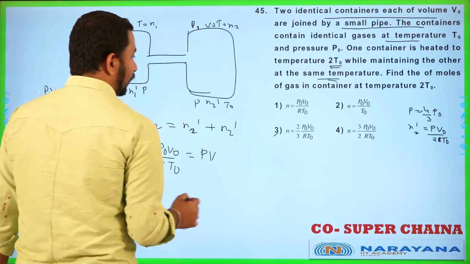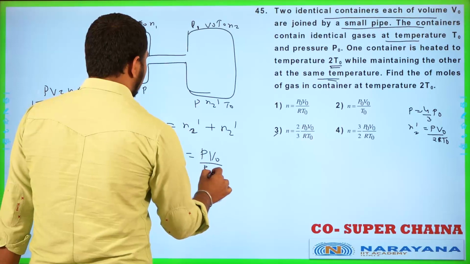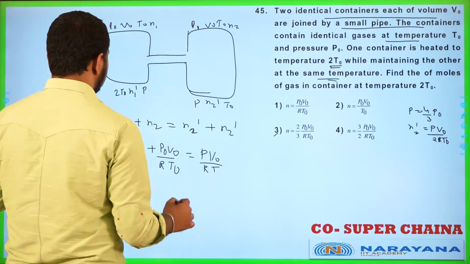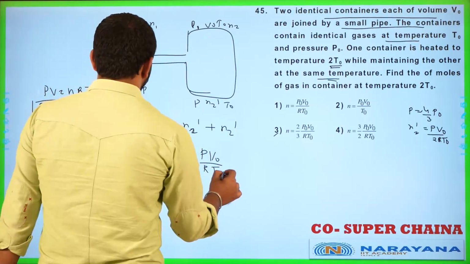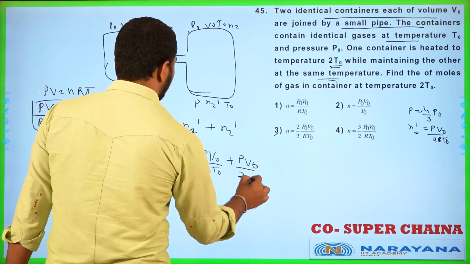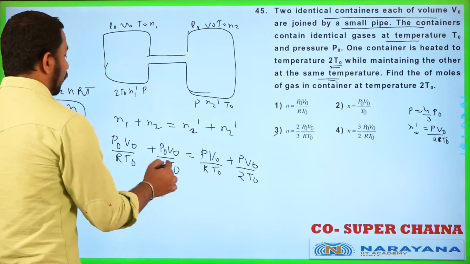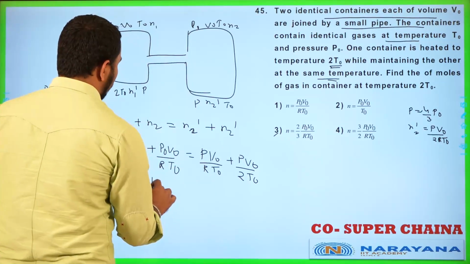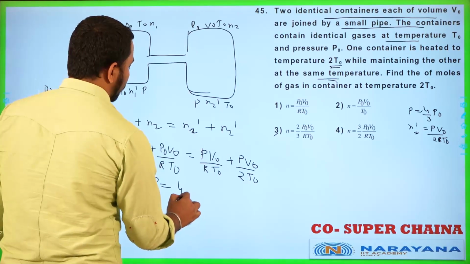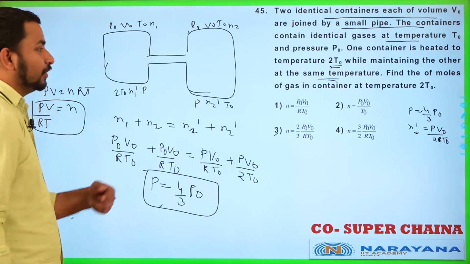It will be P V naught by R, with T naught for the one we keep as is, and 2T naught for the heated one. If you simplify and solve for the relation between P and P naught, you will get P equals 4 by 3 P naught. This is the expression we get between P and P naught.